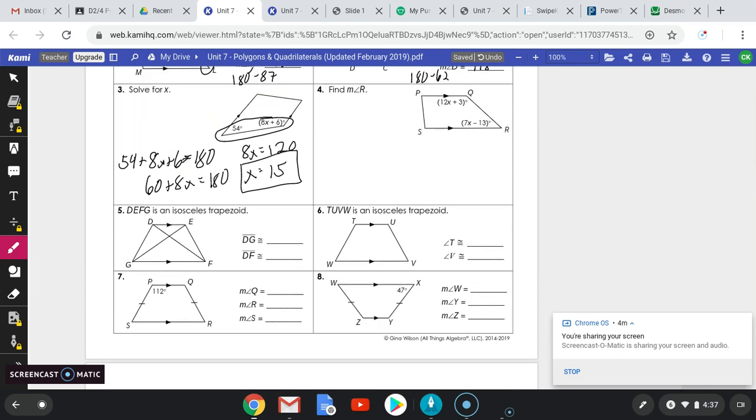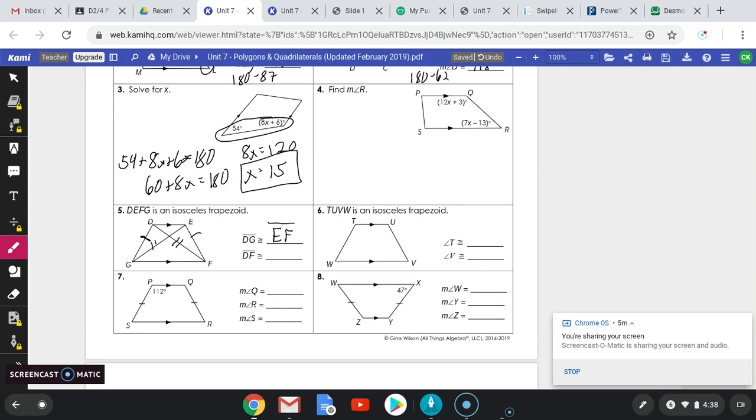Okay, number 5. This problem is basically saying it's an isosceles trapezoid. So if it's an isosceles trapezoid, what does that mean? DG, which is this side right here, has to be congruent to EF because it's one of the legs. Likewise, remember, in an isosceles trapezoid the diagonals are congruent.